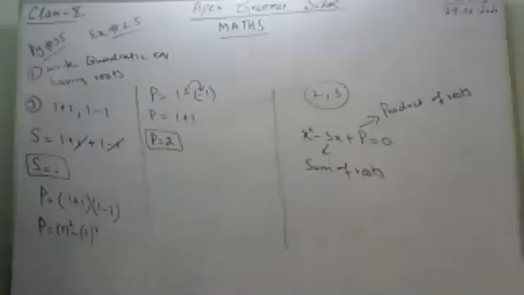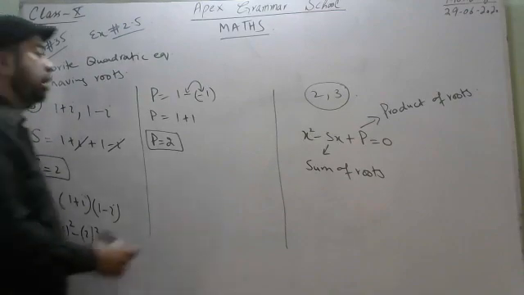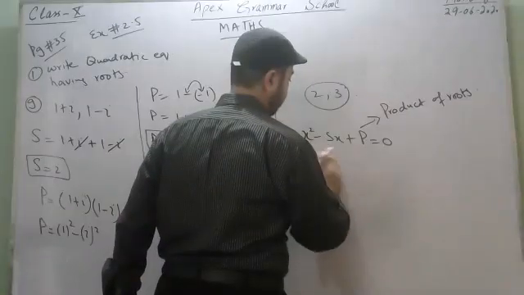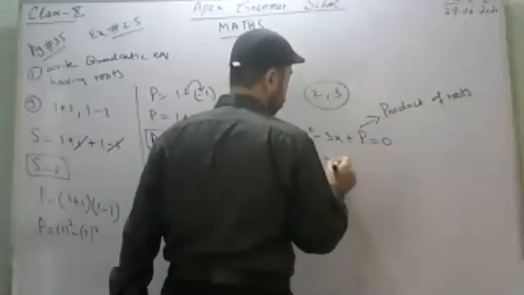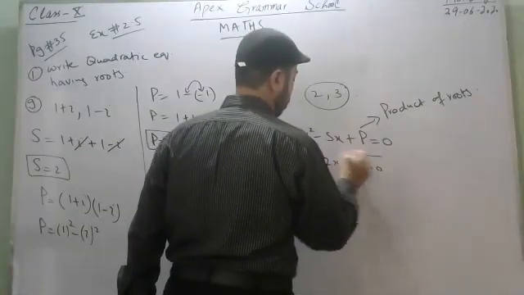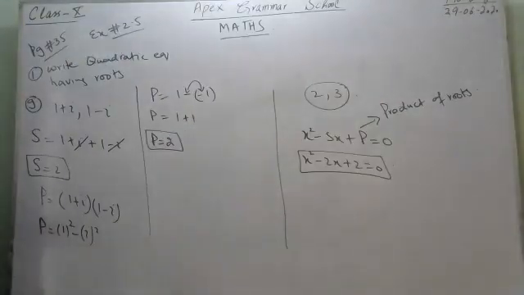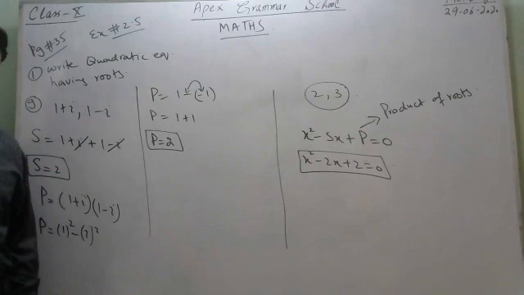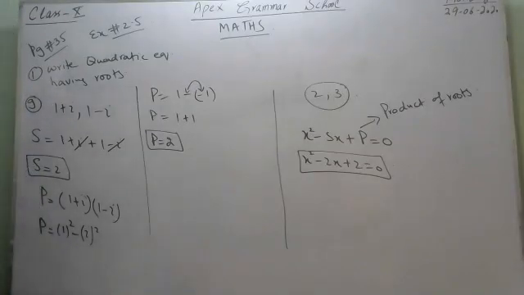We have it, sum and product of roots. Now we will apply this formula: x square minus 2x plus 2 is equal to 0. So now we have this quadratic equation x square minus 2x plus 2 is equal to 0.